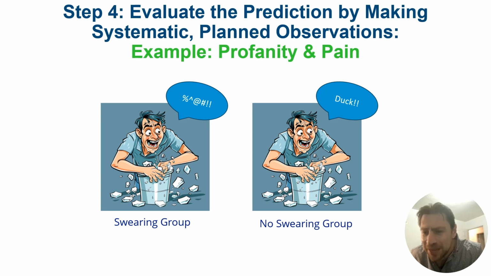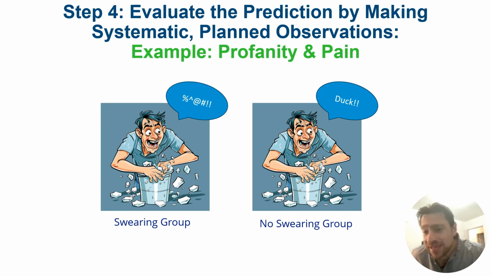So in our example of pain and profanity, well, now you have to recruit people for your study, and you have to set up some experiments where people are in pain and they use or don't use profanity.